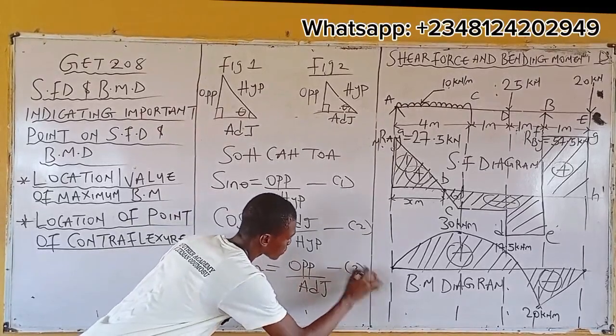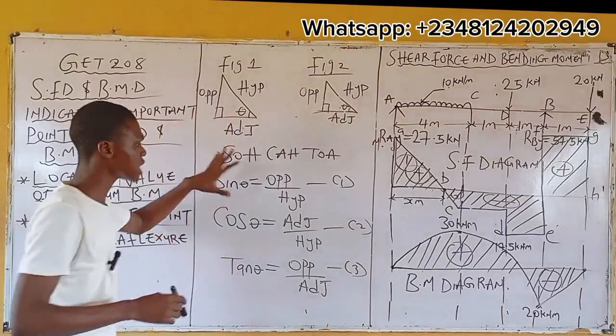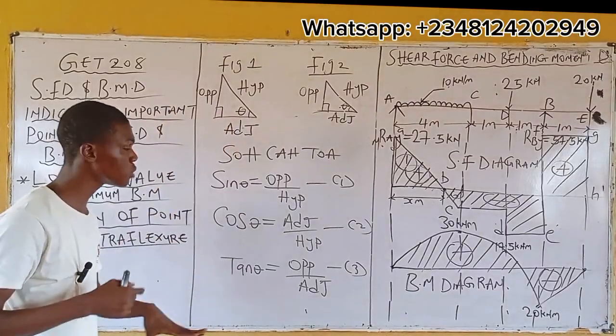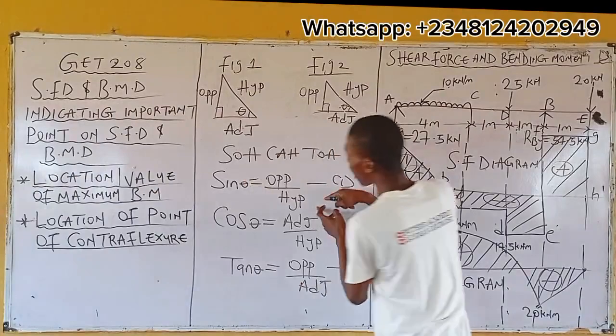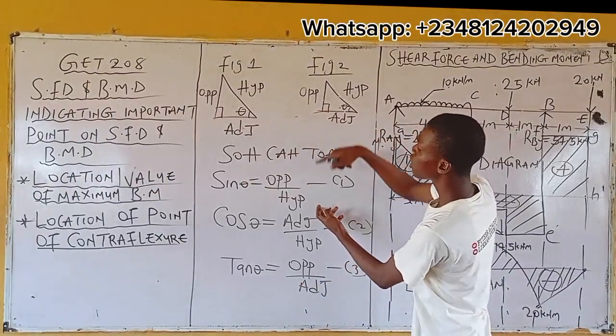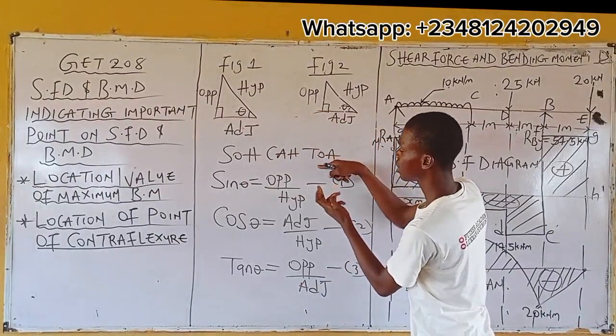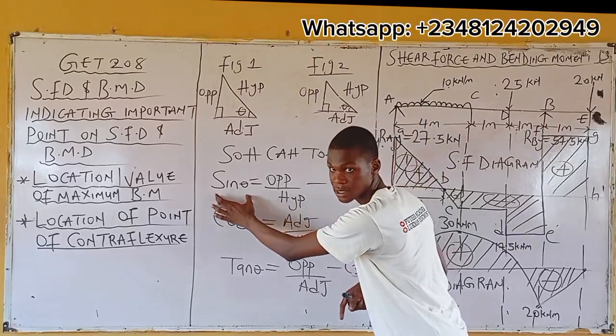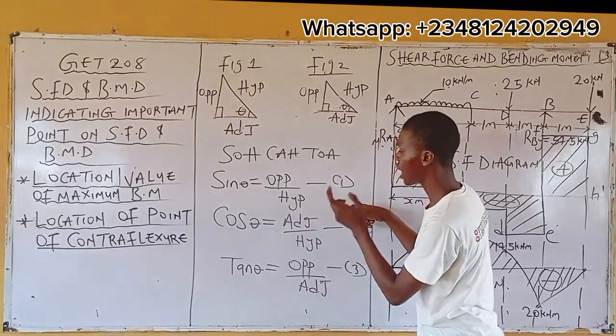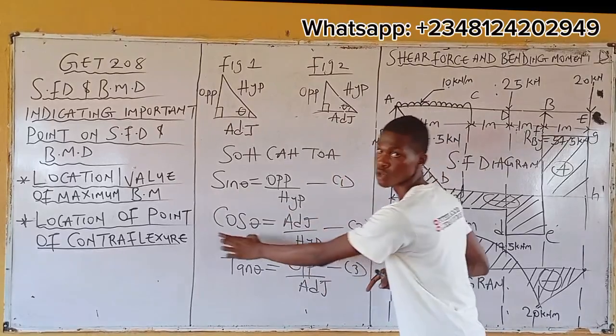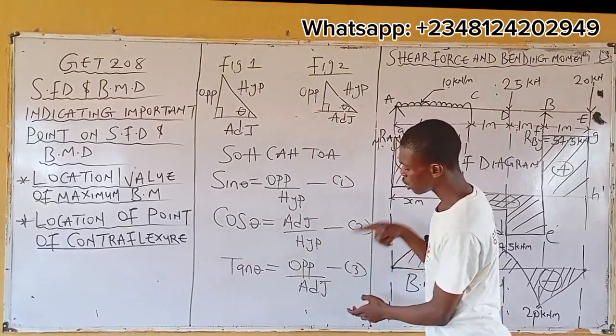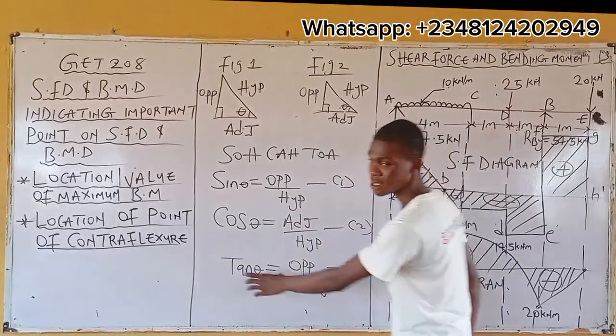Call this 3. You can use any of these when it comes to trigonometry. Whatever sides you have in your right angle triangle, if I'm having opposite and hypotenuse, I'm using sin theta, right? If I'm having adjacent and hypotenuse, what am I using? Cos theta. If I'm having opposite and adjacent, what am I using? Tan theta.